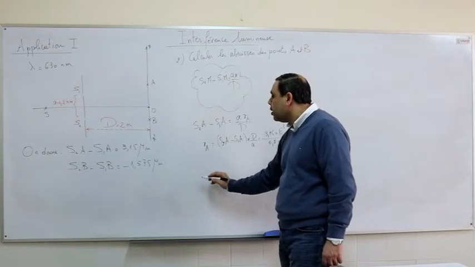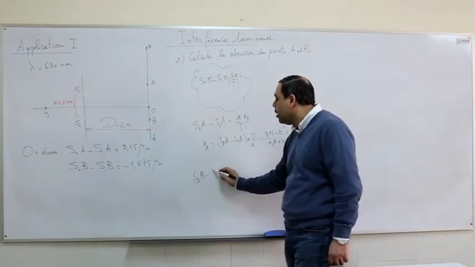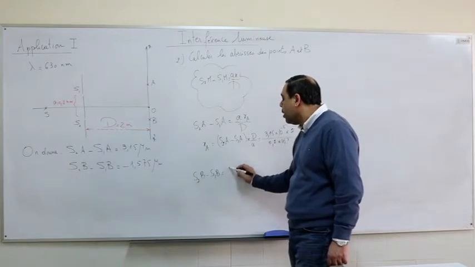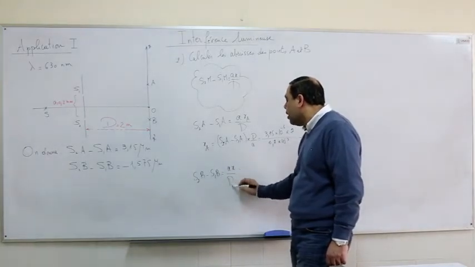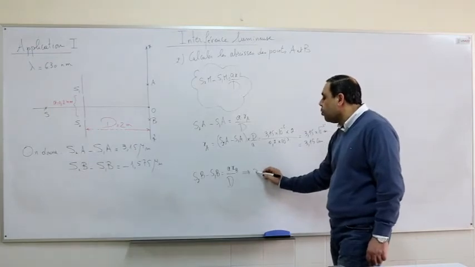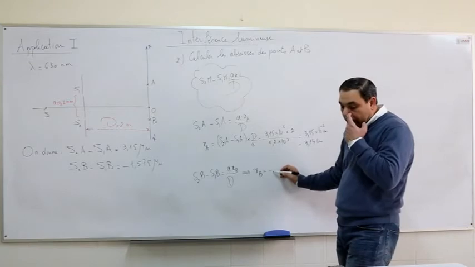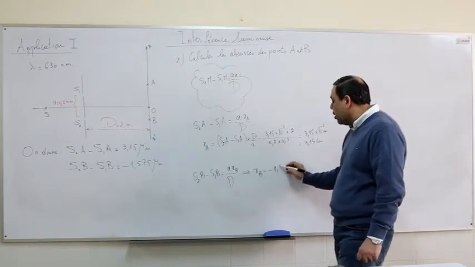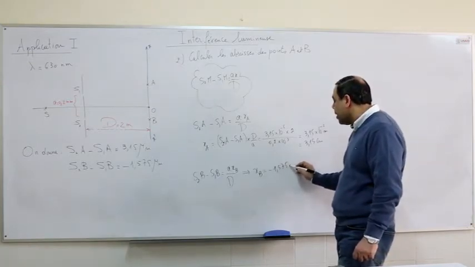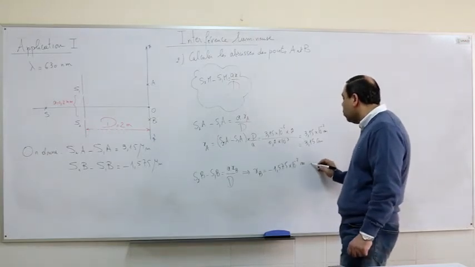Similarly, to determine the abscissa of B, we use S2B minus S1B equals AXB over D. We proceed to find XB, which is equal to minus 1.575 times 10 exponent minus 2, or minus 1.575 centimeters.